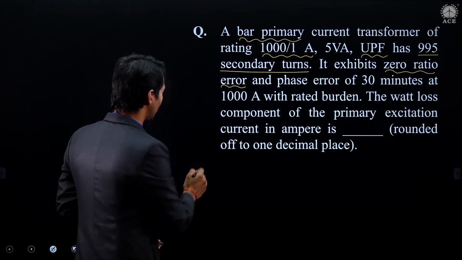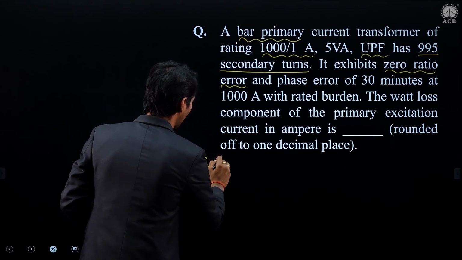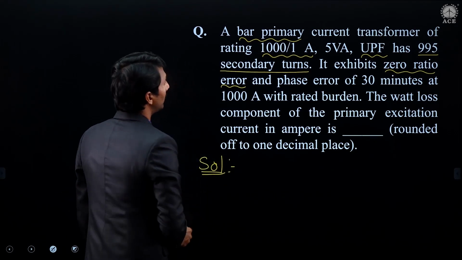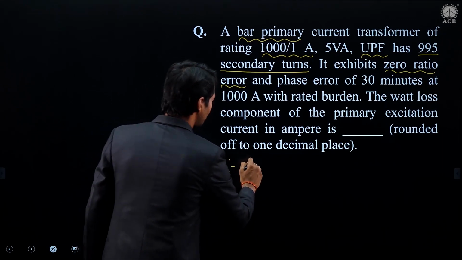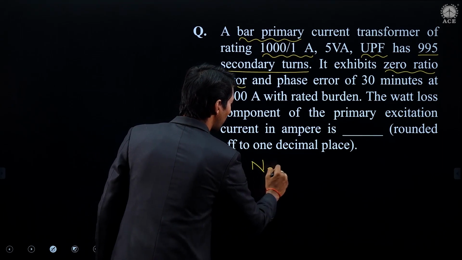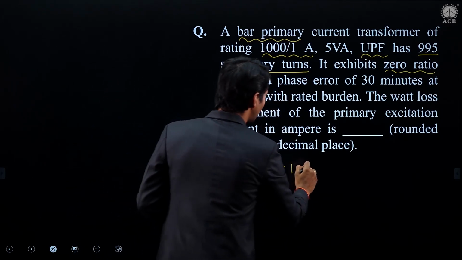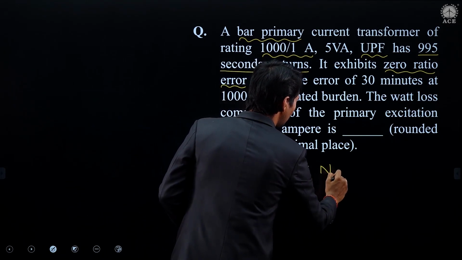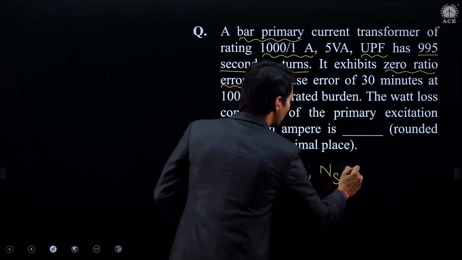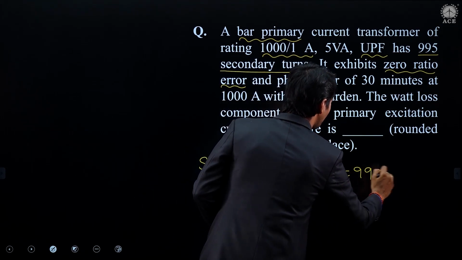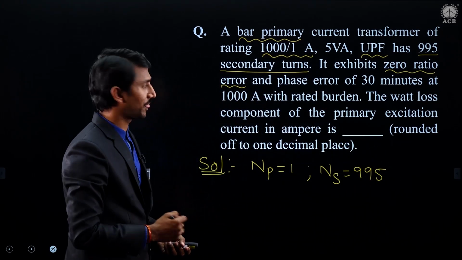Let us write the given data first. Number of turns in the primary, bar primary means the number of turns in the primary is 1. Okay. Number of turns in the secondary, NS, is how much? 995. Okay.